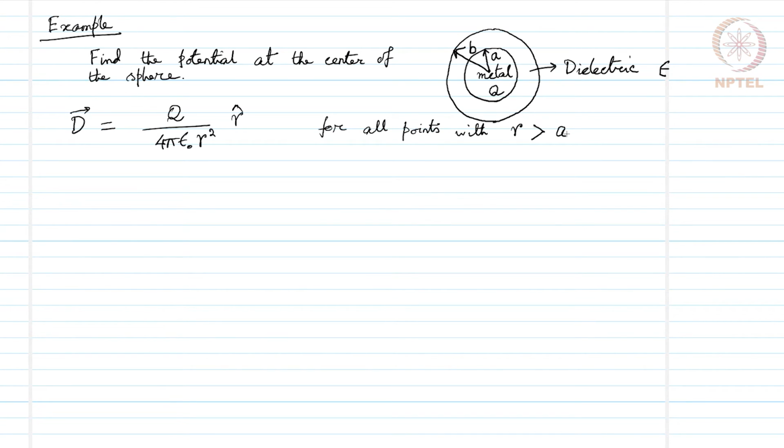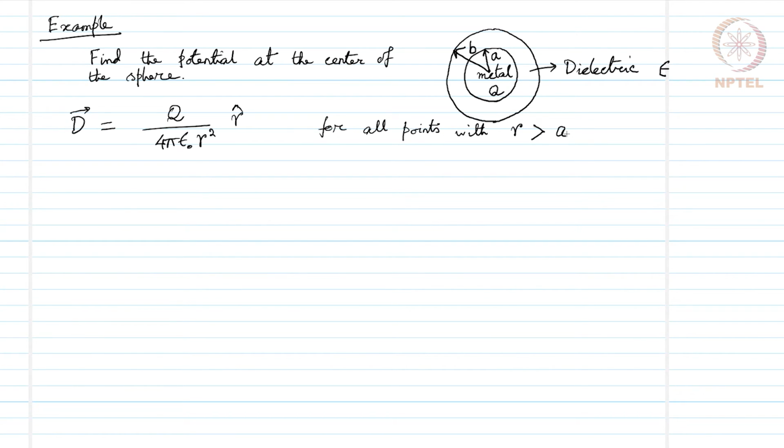That means outside the metal sphere it will be valid, it will be valid outside the dielectric sphere as well, and also inside the dielectric spherical region, whatever it is. It will not be valid in the metal sphere itself. Okay. And this we can obtain using spherical symmetry and Gauss law on this spherical structure.